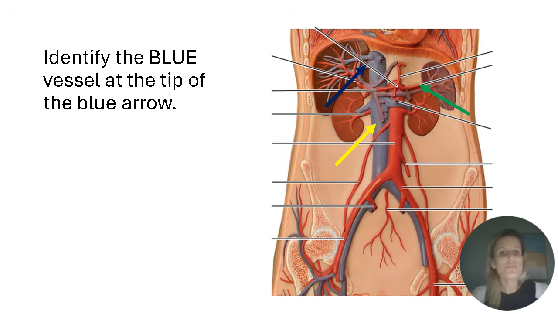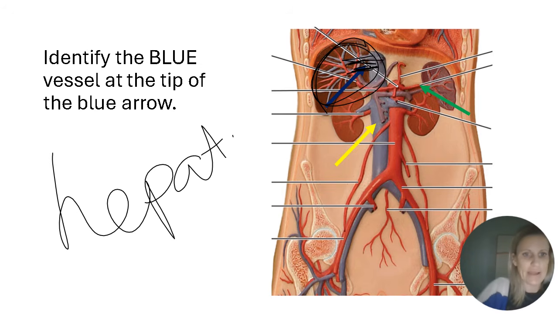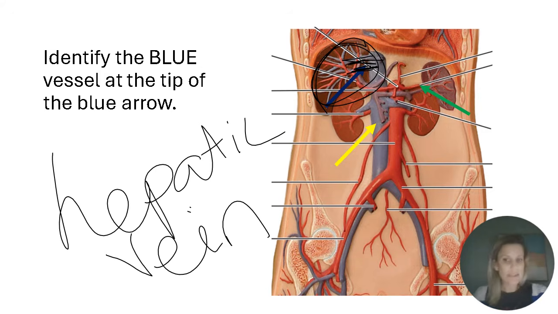Identify the blue vessel at the tip of the blue arrow. So the blue arrow is pointing to this guy right here. This is the blue vessel coming from the liver. So this is just the hepatic vein. Notice I did not say portal, right?